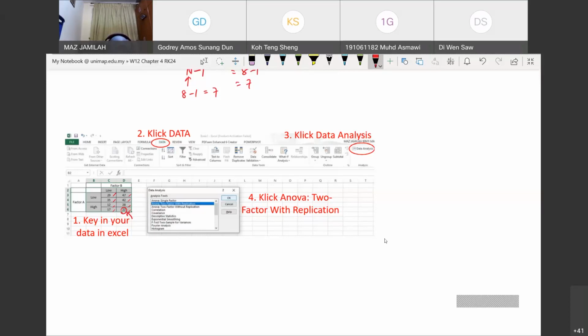Then only you go to Data, click Data, and then you will get Data Analysis. You click Data Analysis, and then you will get this pop-up. You choose Anova: Two-Factor with Replication, and then click OK.